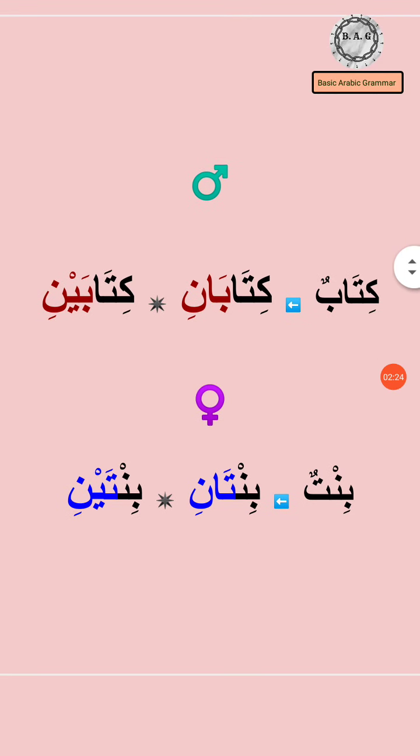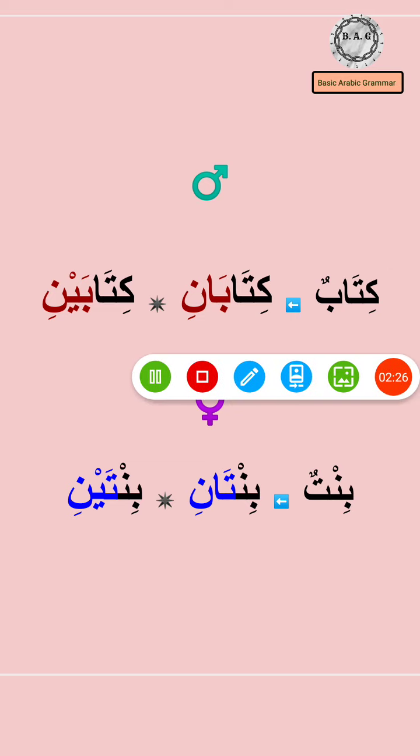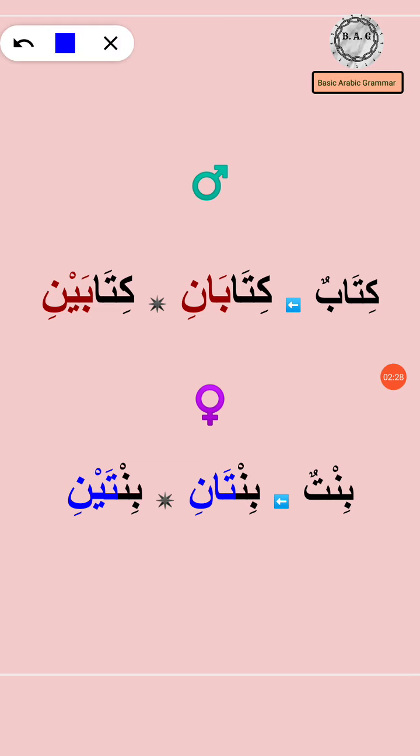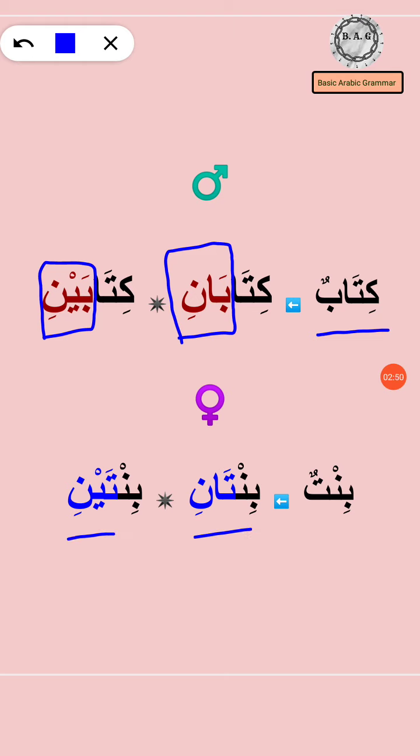This can also be seen in this example. Kitabun is the masculine ism and its suffix is ani, and the last root letter carries a fatha. So kitabani, kitabaini. In feminine we are going to have the suffix of tani and taini.